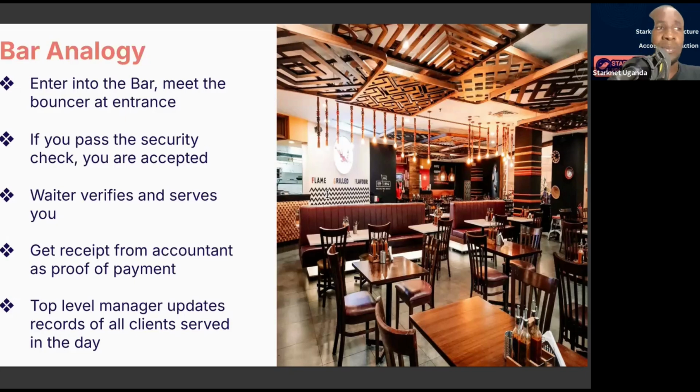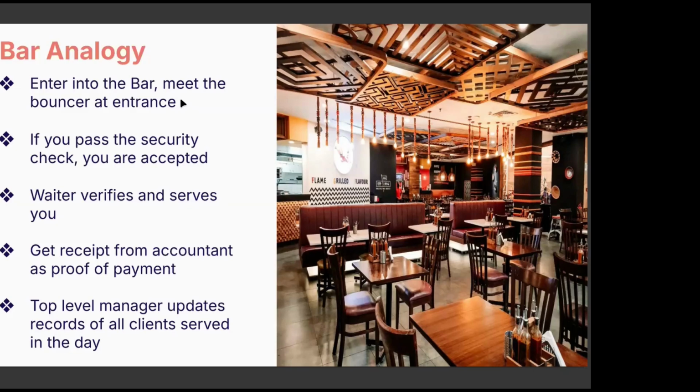So after passing the security checkpoint, you are accepted to sit. That means you have been verified that you are secure, that you are not going to harm others. You've now been accepted to use the bar.